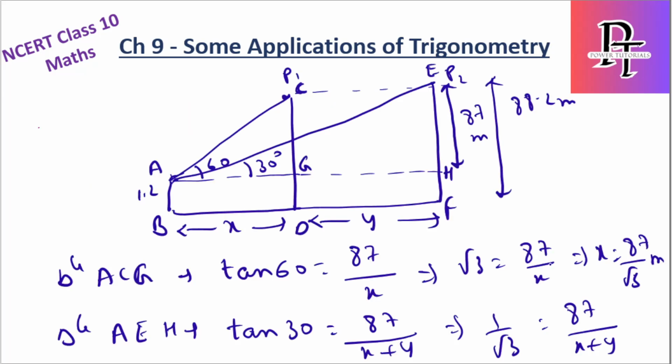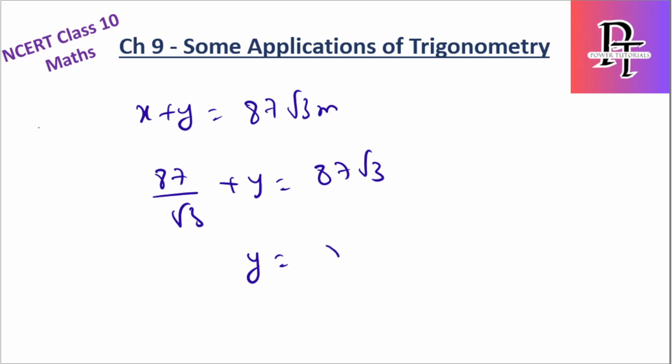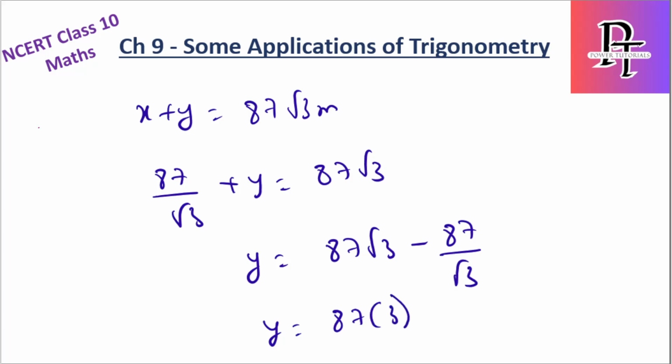So what is the X value I have? It is 87 by root 3. So let's substitute that. 87 by root 3 plus Y is equal to 87 root 3. So I can say Y is equal to 87 into root 3 minus 87 by root 3. So if I do the LCM, this becomes 87 root 3 into root 3, which becomes 3, minus 87 by root 3.